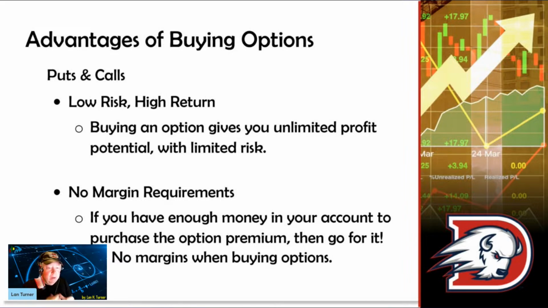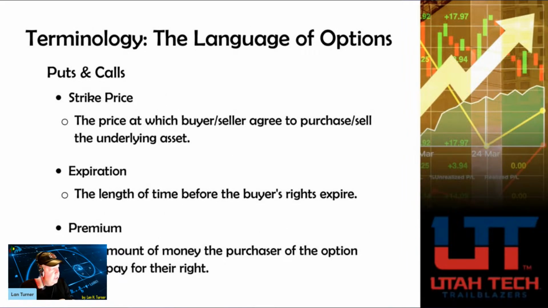So you can borrow some money and then you can invest it and get a bigger return because you're using somebody else's money, right? So when you're buying an option, there's no margin requirement. It's a cash purchase. So if you have enough money in your account to purchase an option premium, then go for it. No margin when buying options. All right. Now we'll get into when you do need some margin when trading options. And of course, that's when you sell an option. So we'll get into that here in just a second.